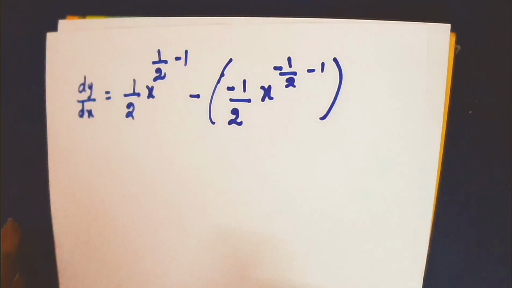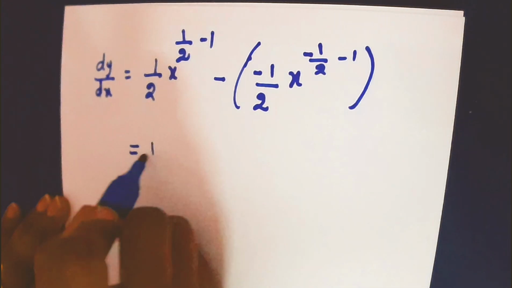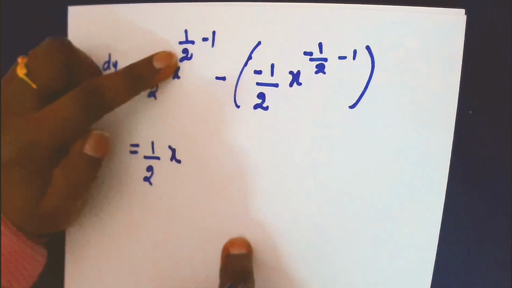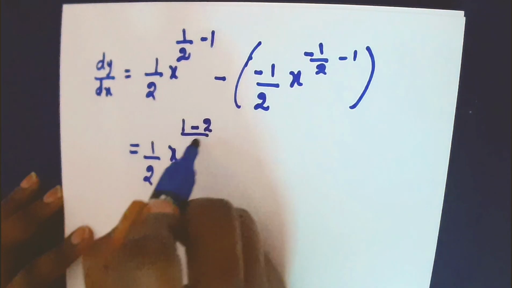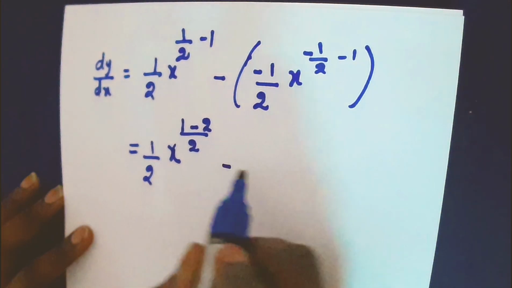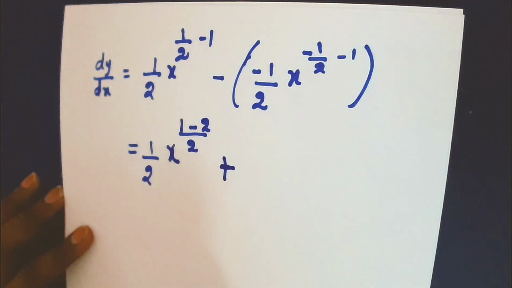This is what we have done so far, which is equal to half times x to the power, take the LCM, 2 is the LCM, so 1 minus 2 the whole term divided by 2. Minus, when I remove the bracket, minus and minus become positive.